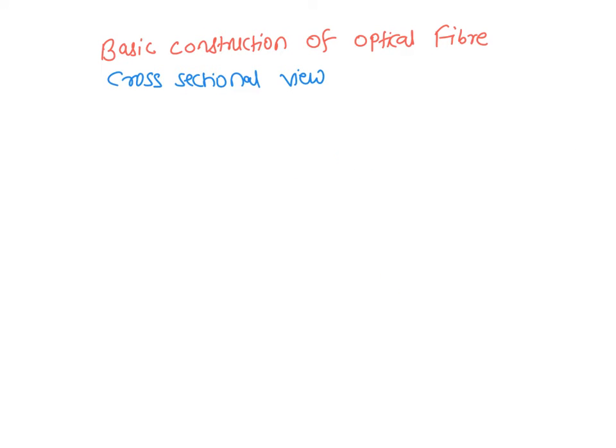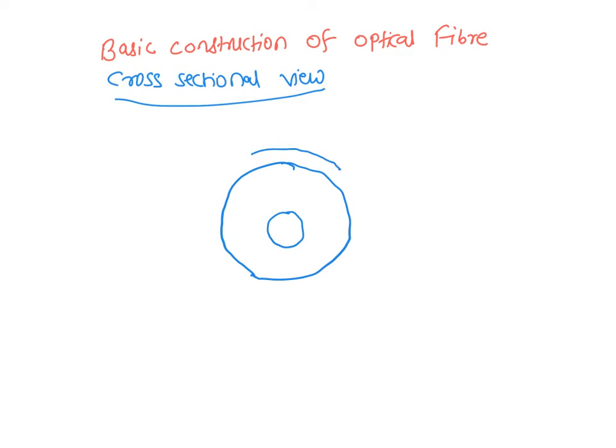Now we will see the cross-sectional view of optical fiber. The center part will be the core. So this is the cross-section view of the core. Then beside this there will be the cladding, and then the outer part is the jacket. Again, this is the center one, the core.